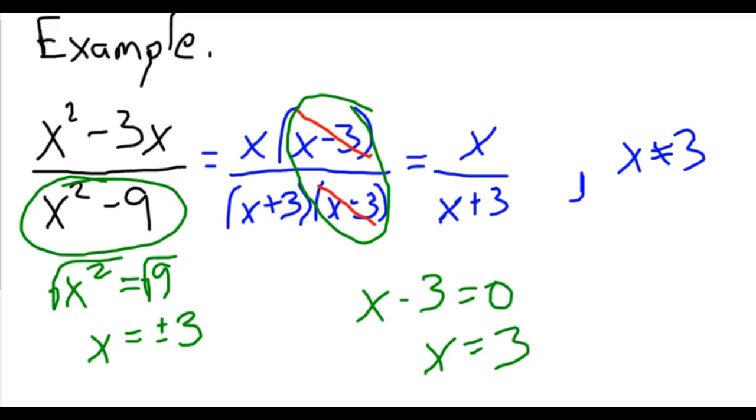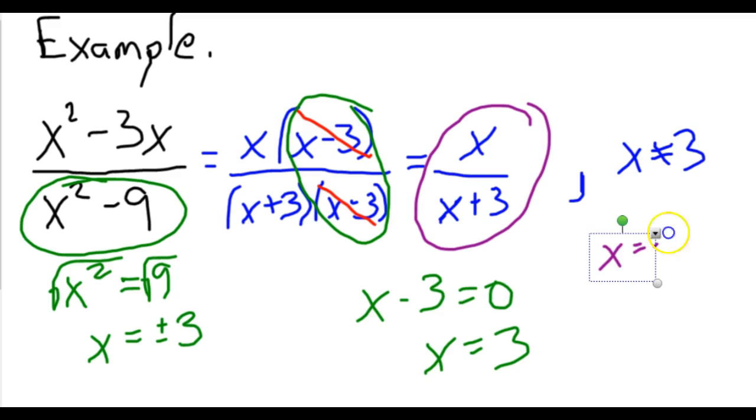If we just looked at this part over here where we simplified x divided by x plus 3, right now the only problem with the domain looks like x equal to negative 3. But if these two functions are going to be the same, we have to make sure we take into account the factor that we removed.